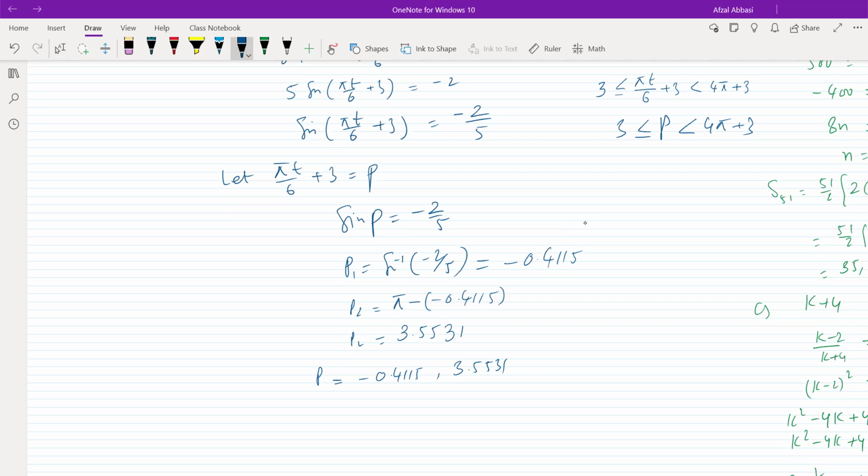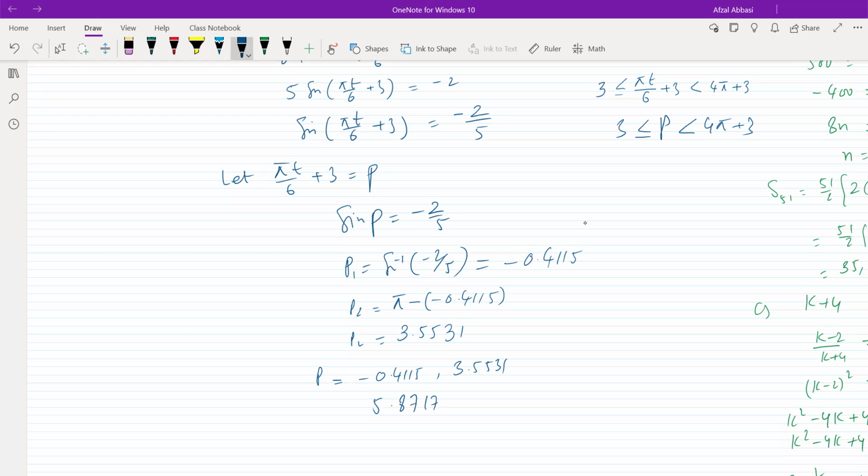However, we can use the first answer to find more values by adding 2 pi into it. So let's add 2 pi into the first answer, negative 0.4115 plus 2 pi. So we get 5.8717.